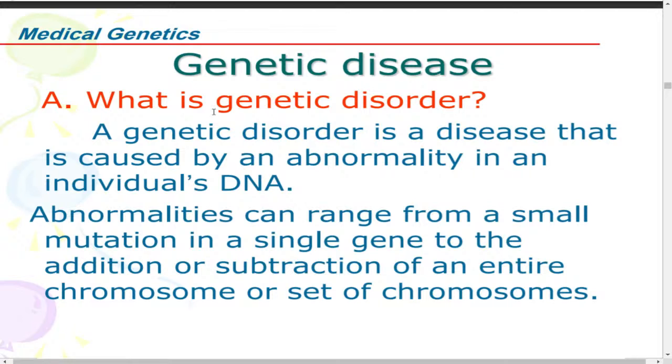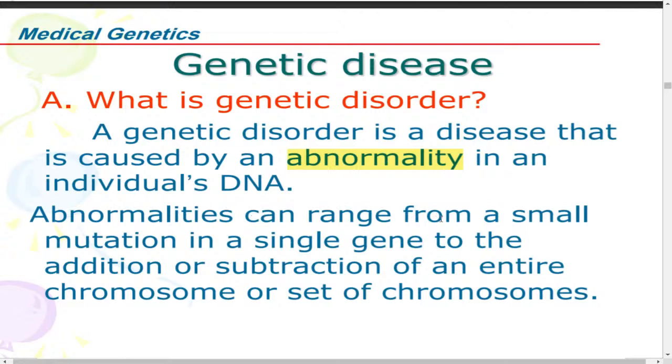Simply, a genetic disorder is a disease that is caused by an abnormality in an individual's DNA. This is a genetic disease. What is a genetic disorder? Simply, a genetic disorder is a disease that is caused by an abnormality in an individual's DNA.